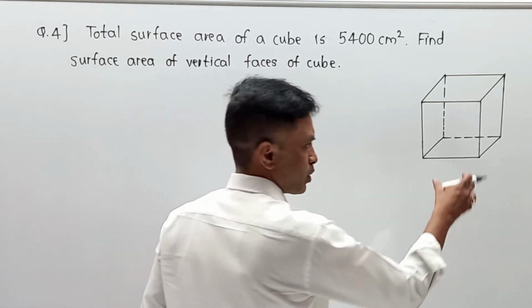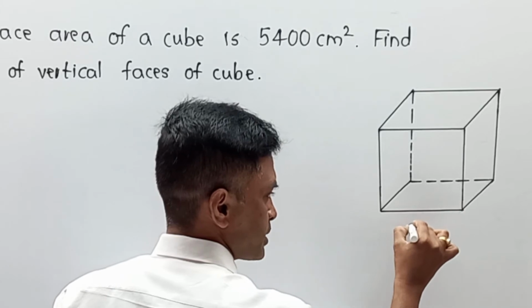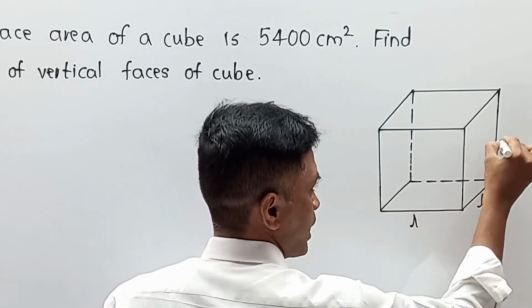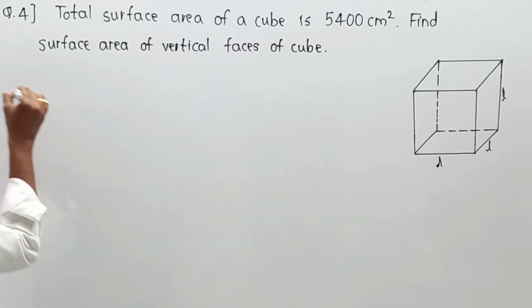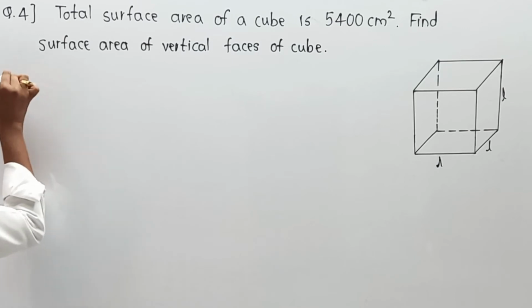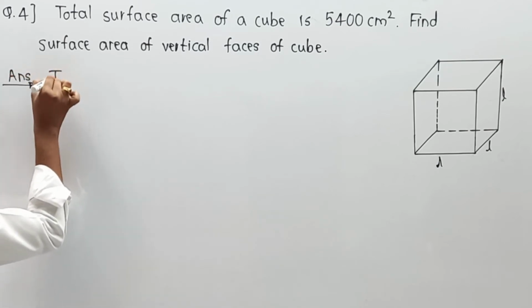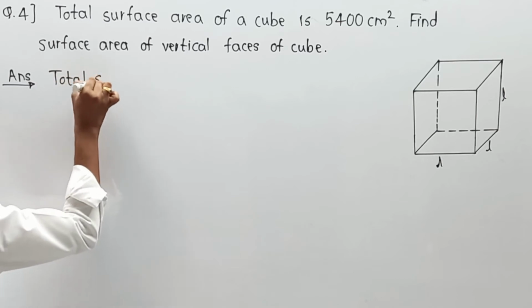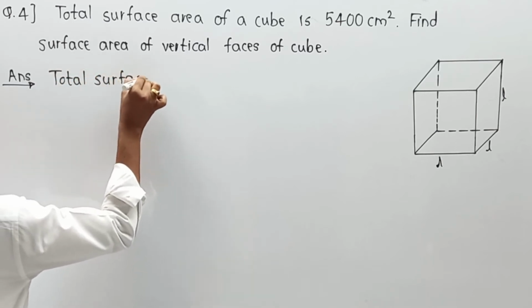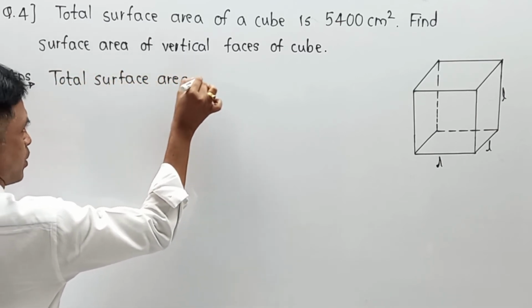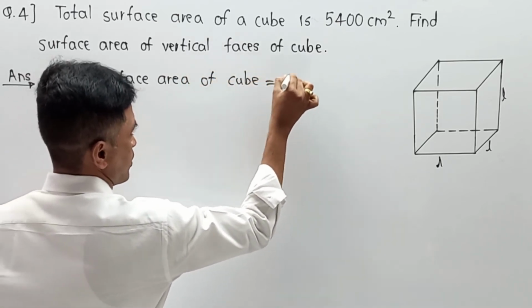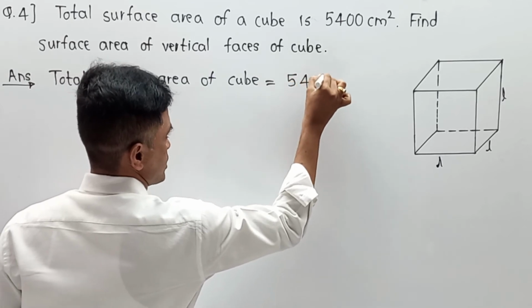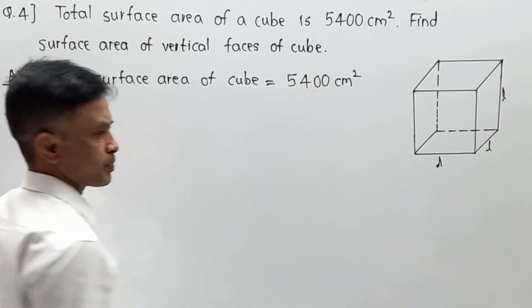We know a property of a cube where all the lengths are equal, means L equal to L equal to L. According to this, we know the total surface area of a cube. So solving that part over here in terms of answer, total surface area of cube, here they have given 5400 square centimeter.